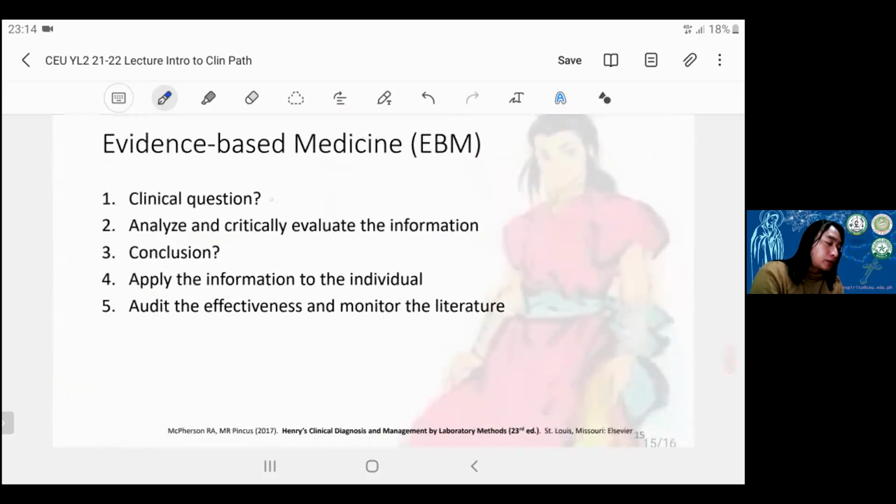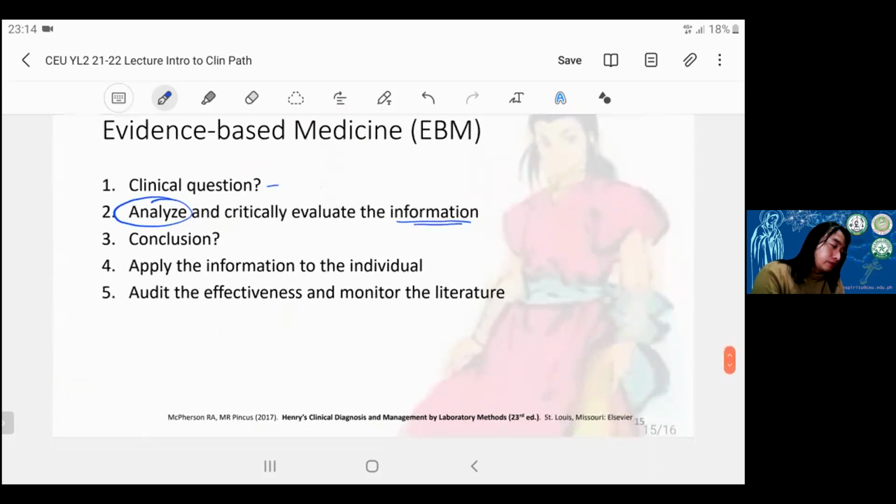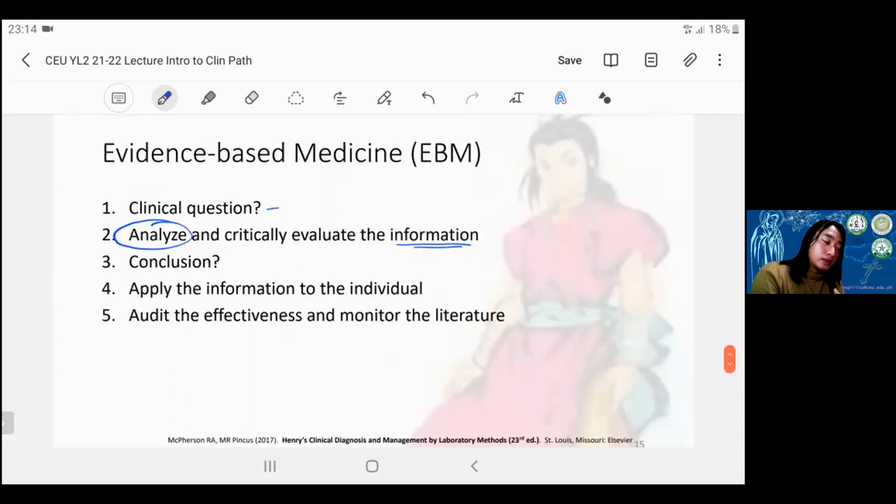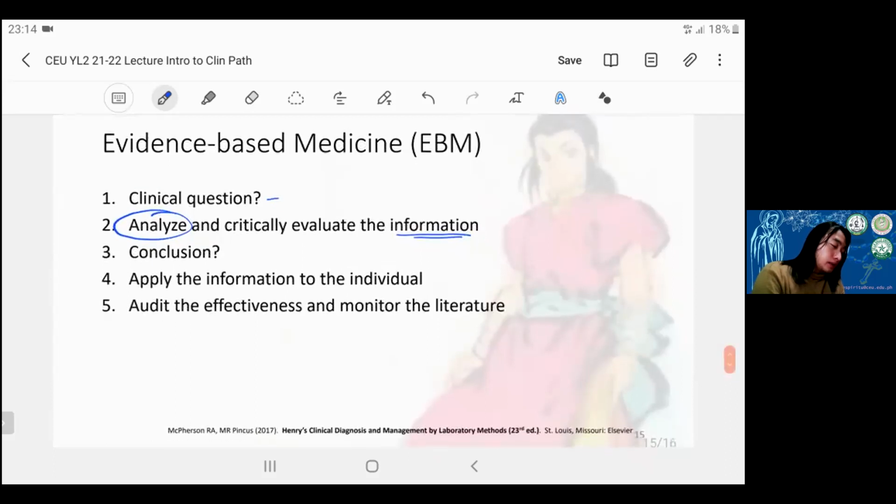So first you have a clinical question, and then you look at the literature and analyze this information or data, if the gravity of the evidence is significant enough for you to consider it. And what is the conclusion of the data that you were reviewing?